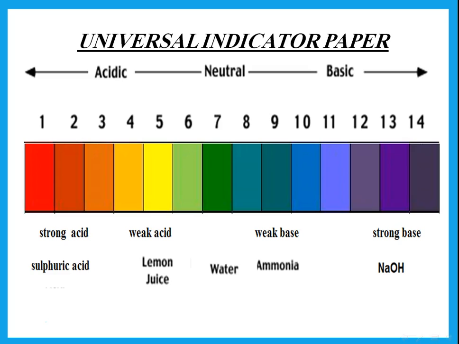Neutral is pH 7, like water, so it gives green. If I put it in weak acid, it gives yellow or orange. And you're not required to know all of the shades of blue for the weak and strong bases. Okay, so red in strong acid, blue in strong base, you could call it purple if you like, but we call it blue in strong base, green in neutral, yellow or orange in weak acid.